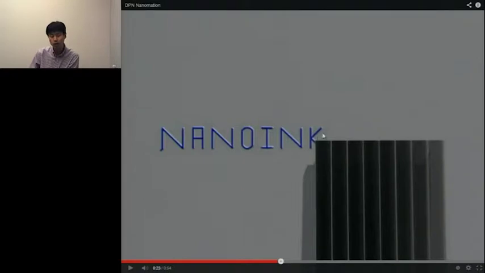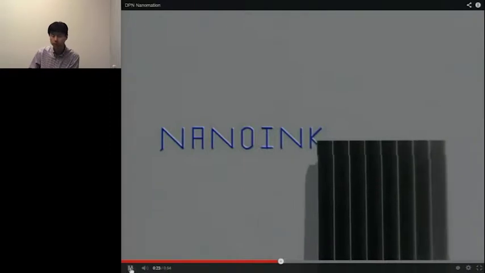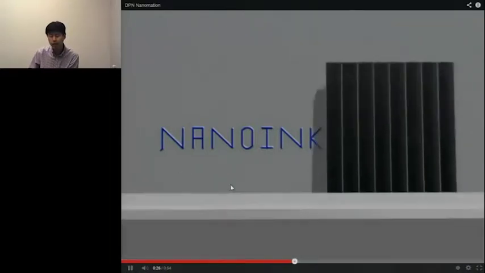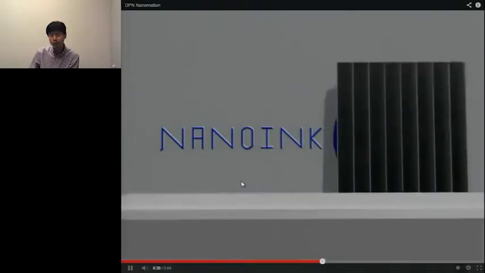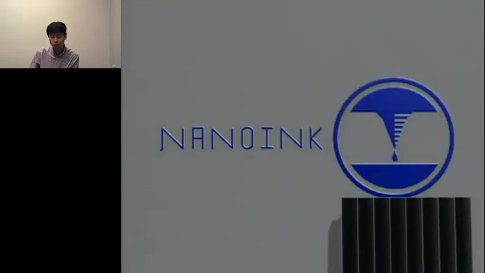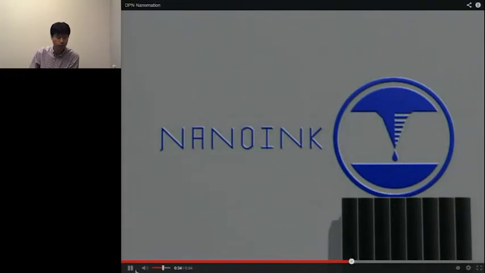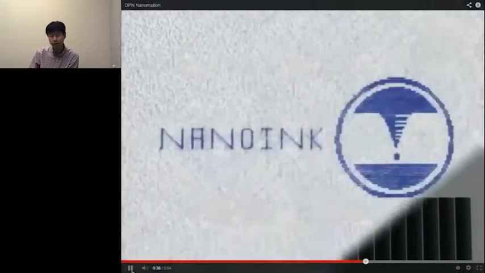So instead of one single probe, this cartoon uses 1, 2, 3, 4, 5, 6, 7, 8 probes at the same time. In this case, the writing time is much faster. Using that way, people can increase the writing speed.